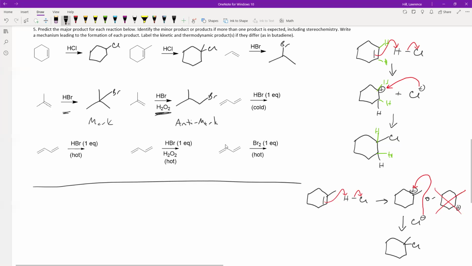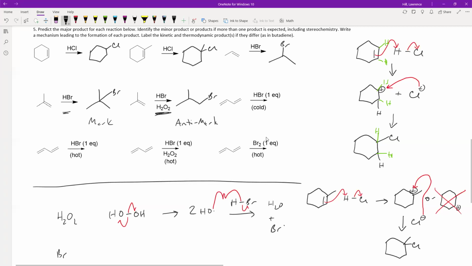That mechanism, remember that H2O2 is just this. It has that weird OO bond, which is very susceptible to breaking. You form two radicals. The radicals can then react with HBr in solution to give you water plus a bromine radical.